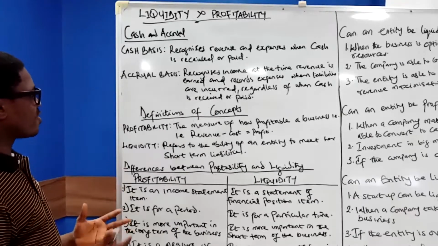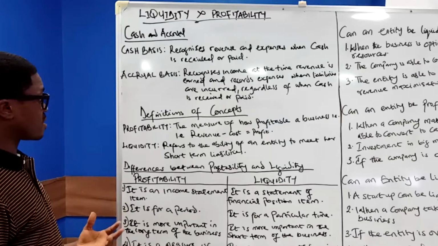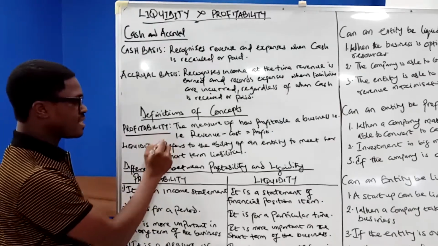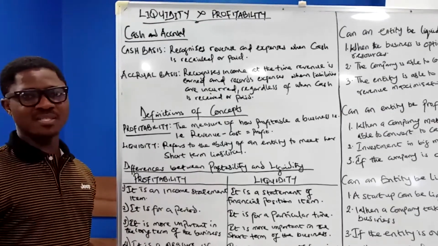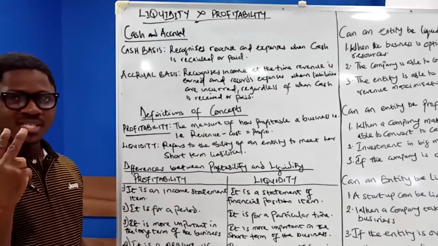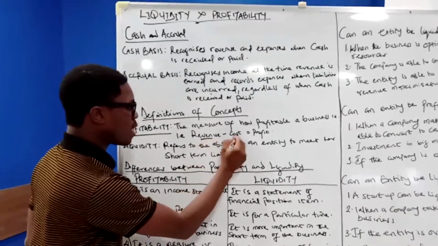Now we move to the definition of the two concepts, profitability and liquidity. When we talk about profitability, we are talking about how profitable a business is. And when we look at how profitable a business is, two major concepts come to mind: revenue and cost.